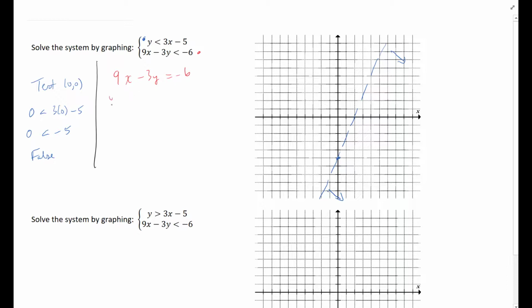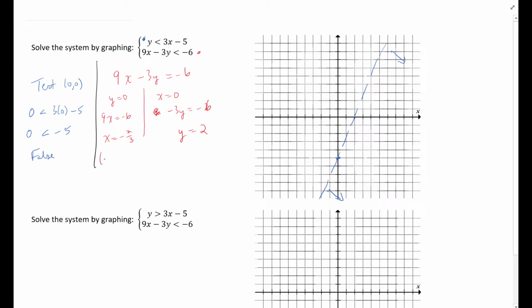Letting y equal 0, then I'd have 9x equals negative 6, and so x is negative 2/3. Letting x equal 0, then I'd have negative 3y equals negative 6, which implies then that y equals 2.